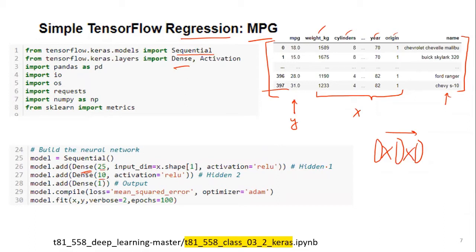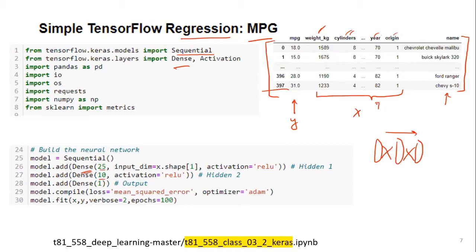Can somebody tell me what was the number of inputs over here? Do you recall? The number of attributes, roughly how many? There were about 10 inputs. Well, it was actually less than that. I think it was something like 7. If you look, there was weight, there was shape, year, origin. There were something like 7 inputs, I recall.